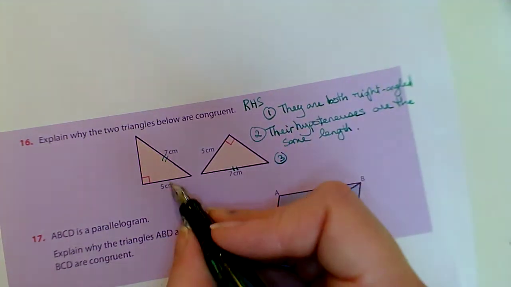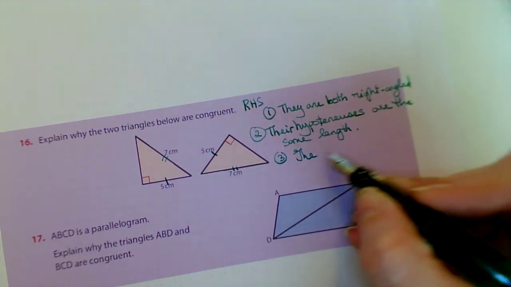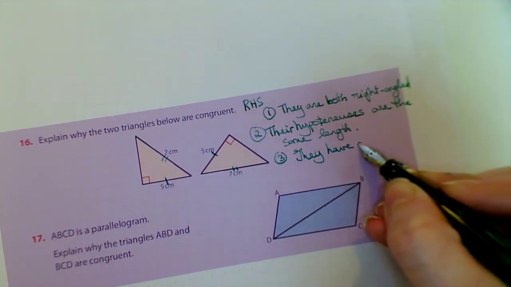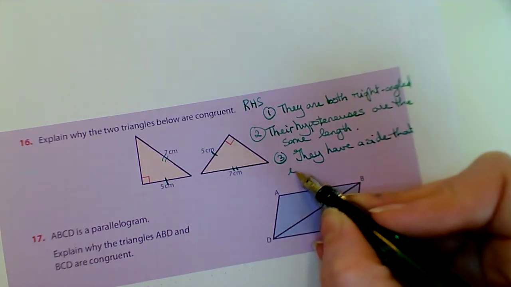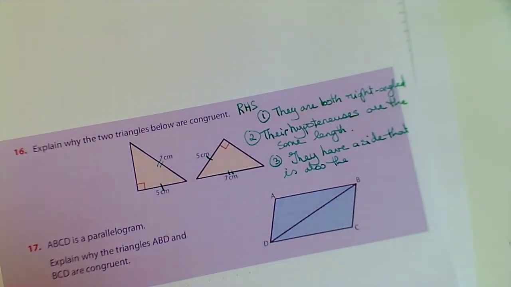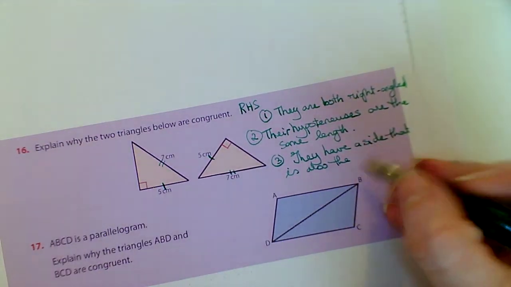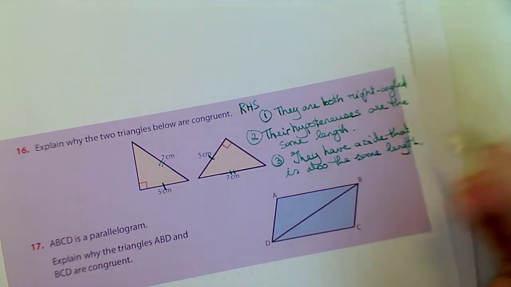And do they have a side in common? They do. They have a side that is also the same length. Also the same length. Okay, so that's my explanation there, the RHS.